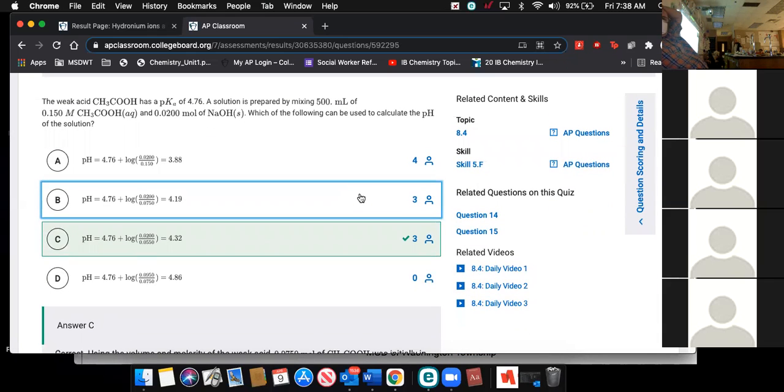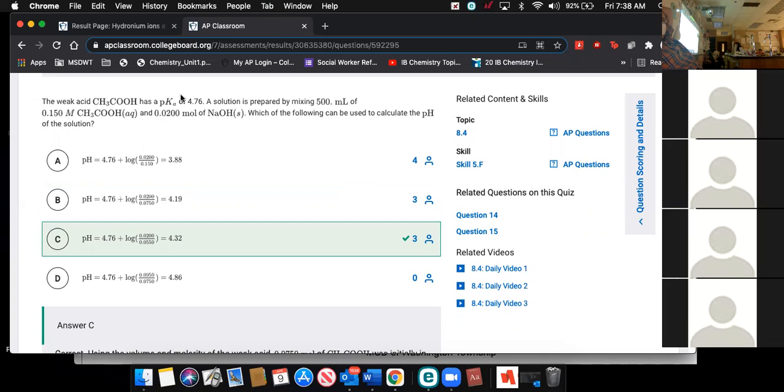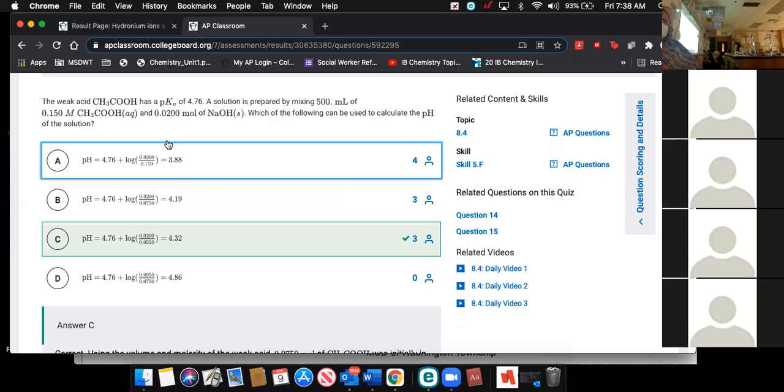Weak acid. Acetic acid has a pKa of 4.76. The solution is prepared by mixing 500 milliliters of 0.150 molar and 0.020 molar. Which of the following can be used to calculate the pH?